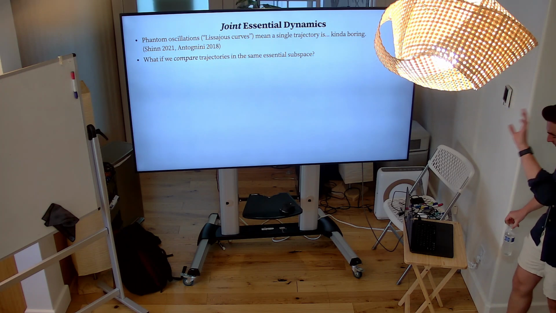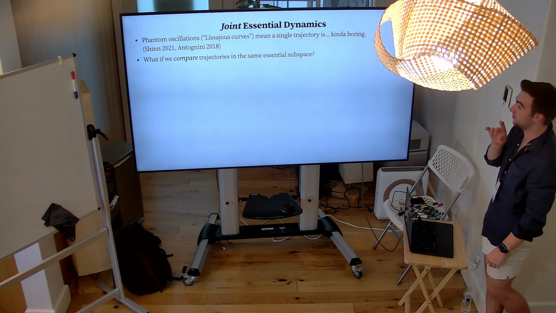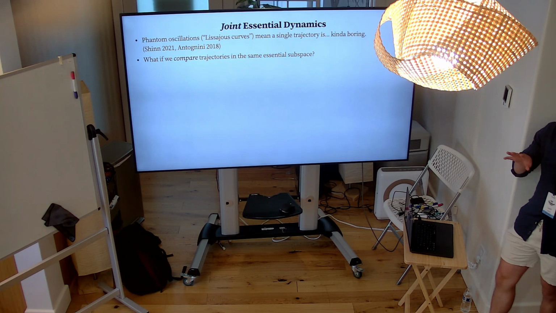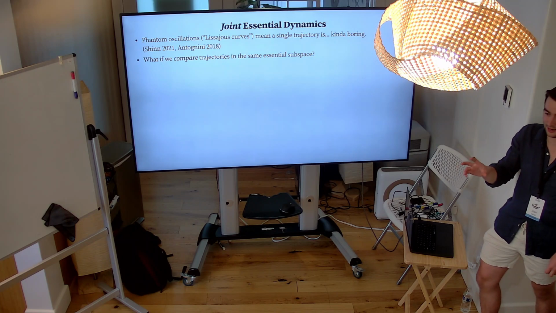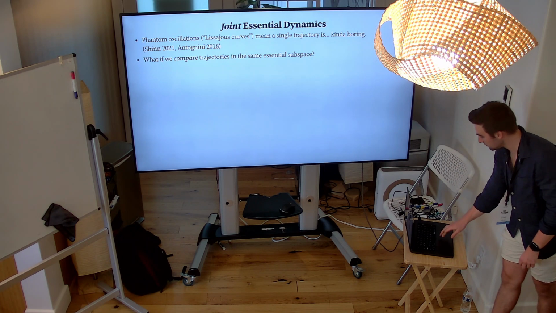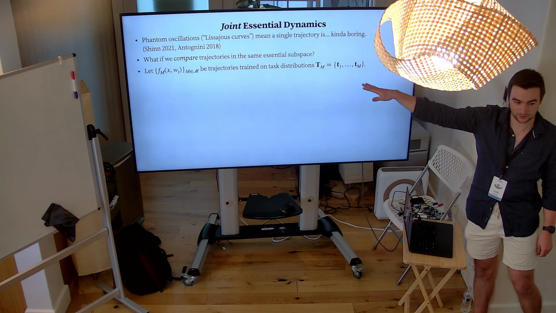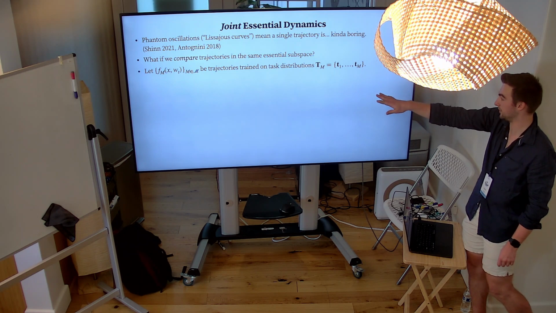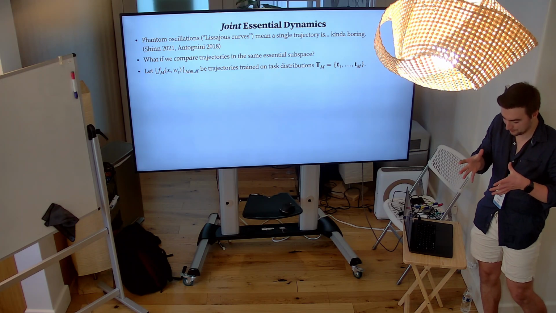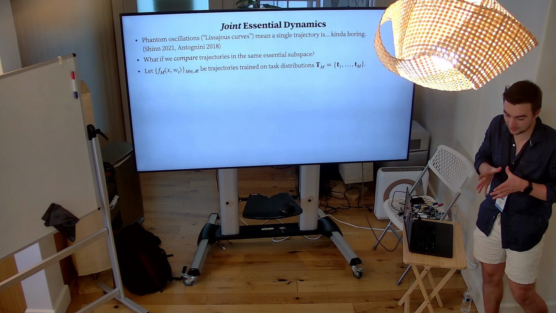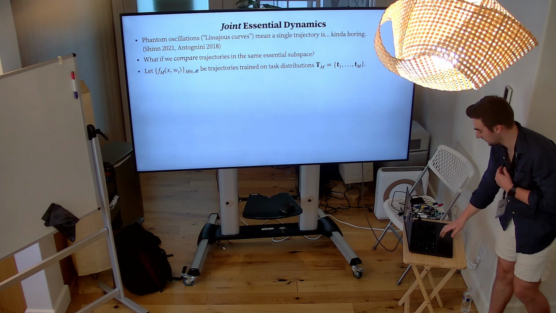So normal PCA on just a single trajectory is kind of boring, but actually this becomes a really useful and somewhat powerful technique if we think to compare trajectories that are being evaluated on the same data. So joint essential dynamics takes all of our training runs, all of our training trajectories, and asks the question, what is the comparison between their trajectories in the same essential subspace?